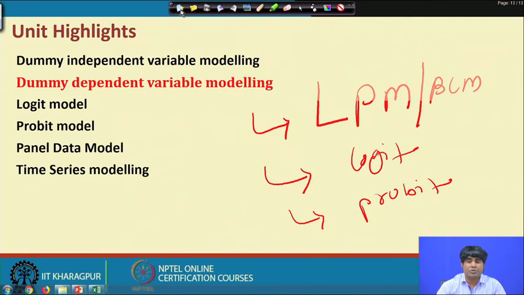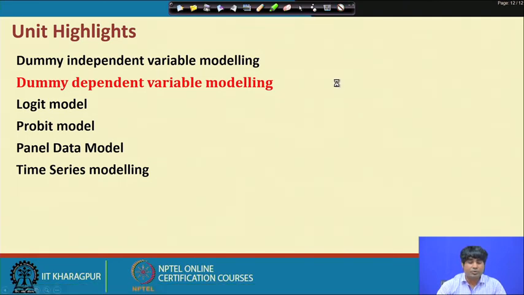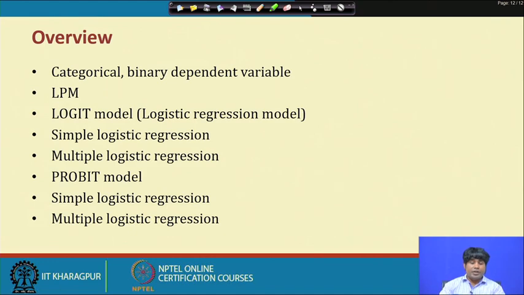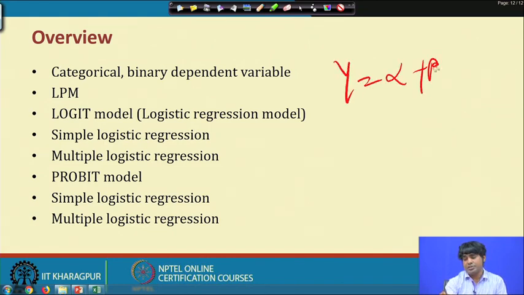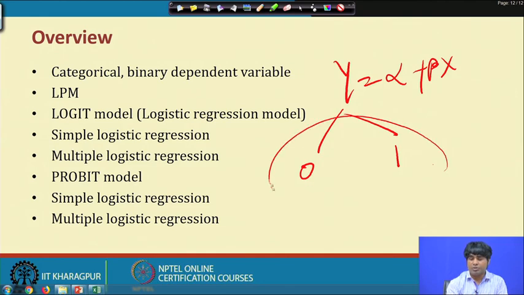So, let us see how this particular structure looks. Technically, the linear probability model is a very simple one, where the dependent variable is categorical and all these models are connected with probability in fact. In the case of the linear probability model, the form is like this: y equal to alpha plus beta x. The y will be represented as 0 or 1 in most instances while using the linear probability model.